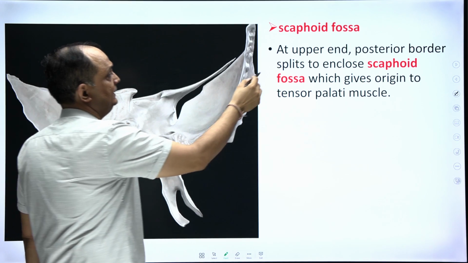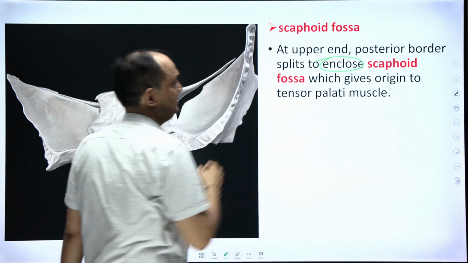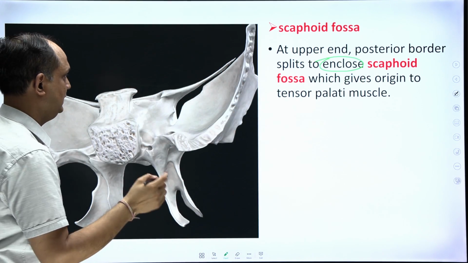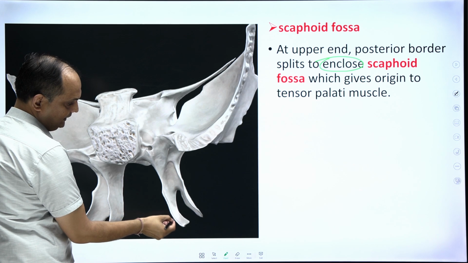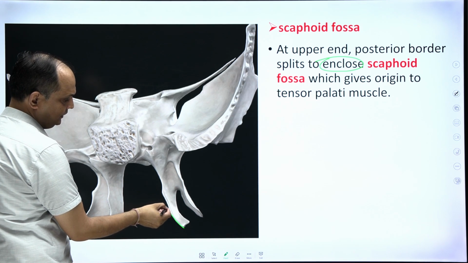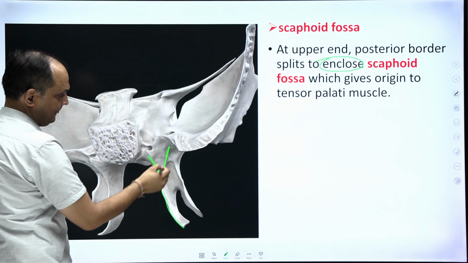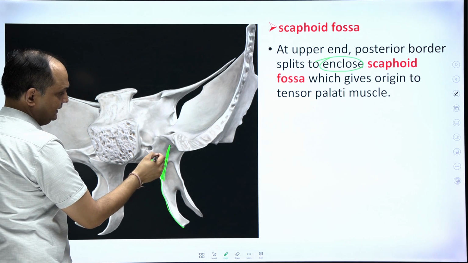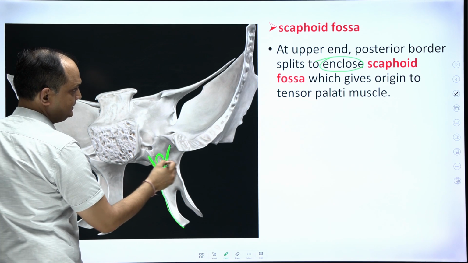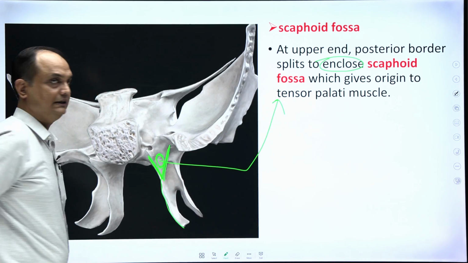This split in the upper part encloses a depression known as the scaphoid fossa. So here, this is the medial plate and this is the posterior border. It is going up and splitting here, and closing a depression, and this depression is known as the scaphoid fossa.